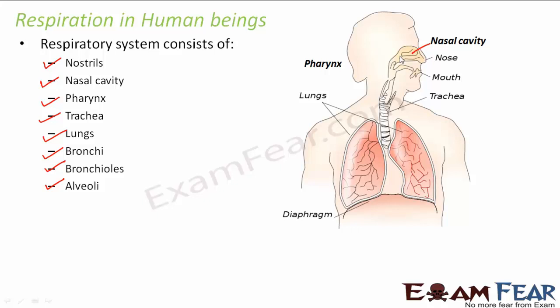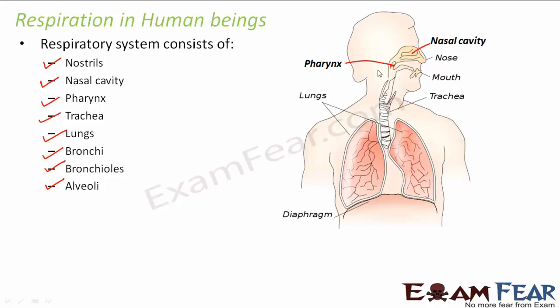After the nasal cavity comes the pharynx. I have already introduced you to pharynx. What is pharynx? It is a common entry point for both food and wind. Food comes through the mouth and wind comes through the nose, so both of them reach pharynx. But pharynx is the place where it differentiates the food, and it sends the food into the food pipe, that is esophagus, and it sends the air into the air pipe.